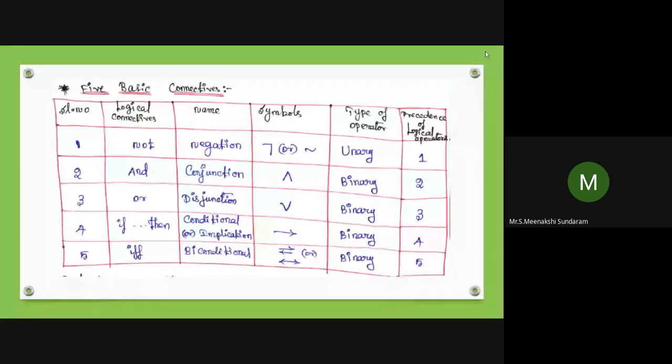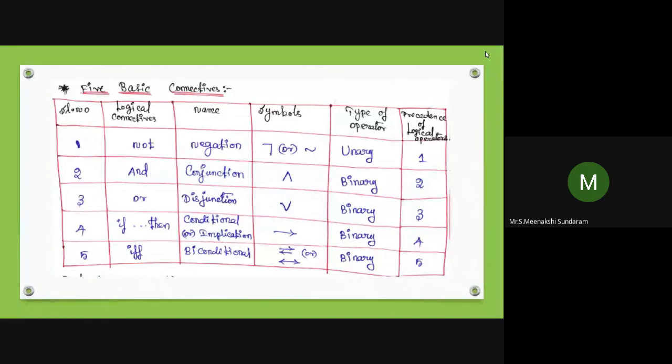Third one is or, meaning either or, and normally we call it disjunction. That also needs 2 simple statements, and it is the third preference. Fourth one is if then, normally called conditional or implication, written with an implies arrow.